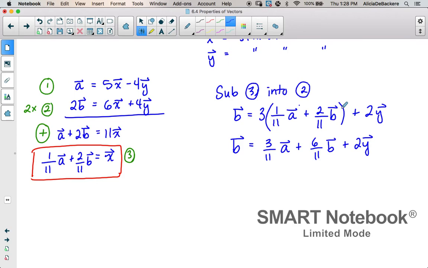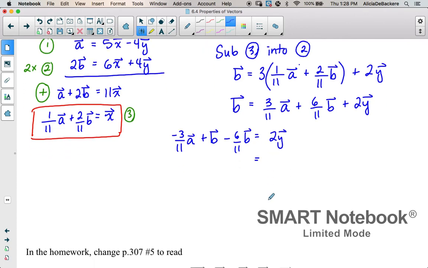And again, my goal here is to get y is equal to some stuff with a's and b's. So I'm going to rearrange this so the y is by itself. We'll bring over the a. We've got this plus b that's already there, and then we'll subtract away 6/11ths of a b over here. And then we can simplify this.